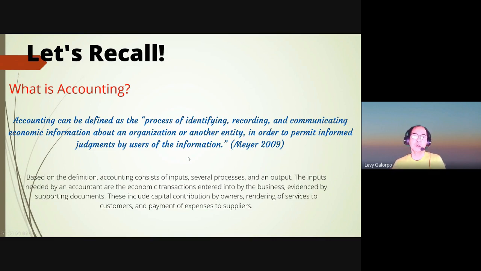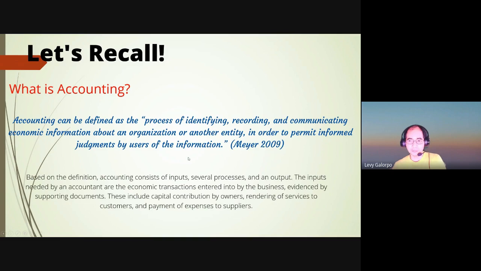Okay. Now, communicating, syempre, when we are done with our financial statements, we are conveying the information found in it to our partners, to the owners of the company, to the board of directors, and also to the other stakeholders. Okay.